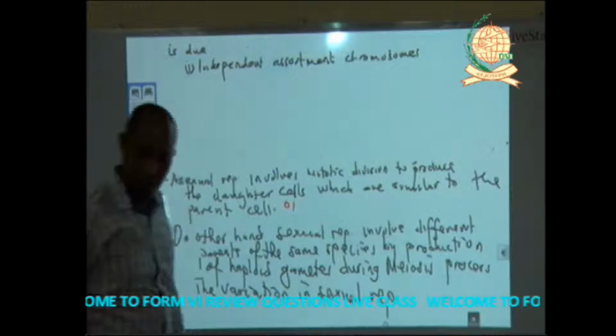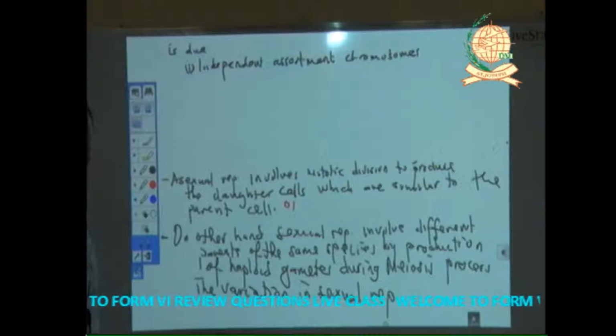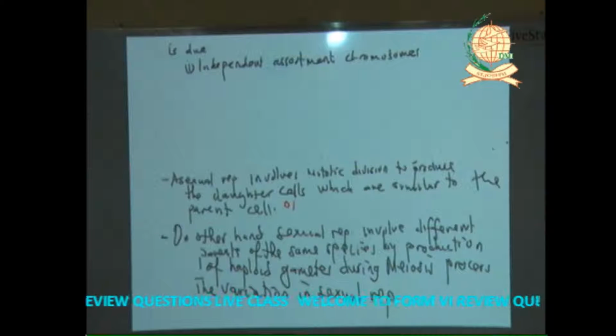There is a random movement of chromosomes during meiosis 1, whereby the chromatids of homologous chromosomes arrange and separate randomly.